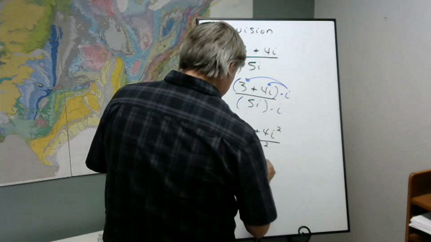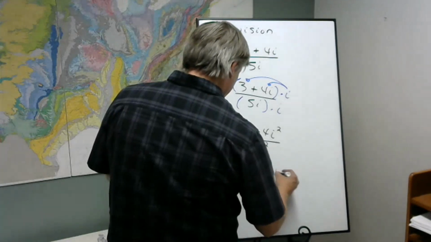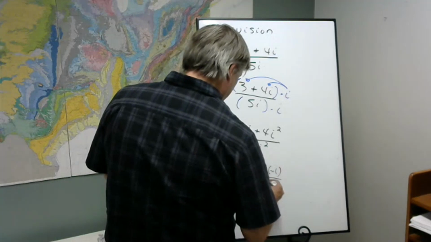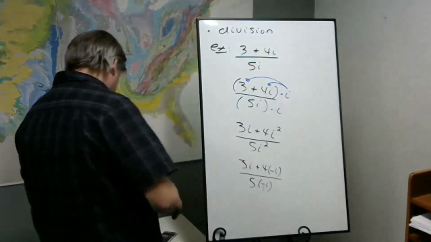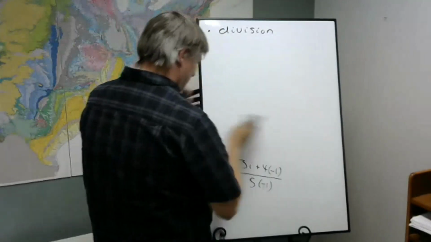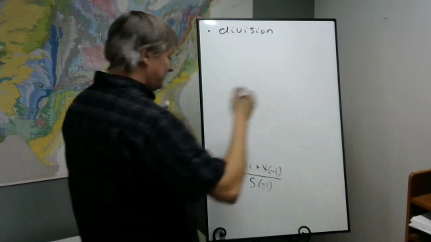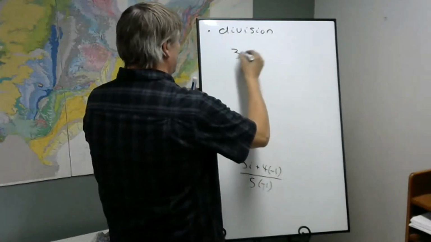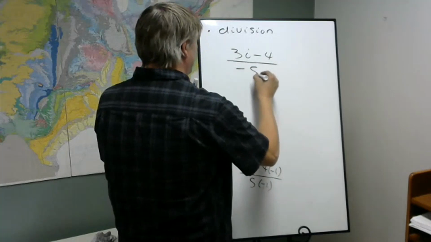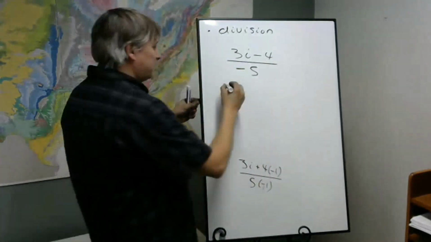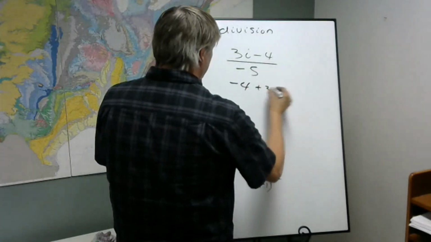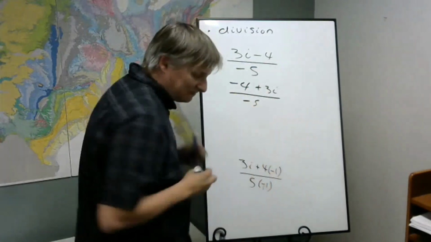So this will be 3i plus 4 times -1 over 5 times -1. So what we'll get is 3i minus 4 over -5. Or again, putting the real part first, we'll get -4 plus 3i over -5.